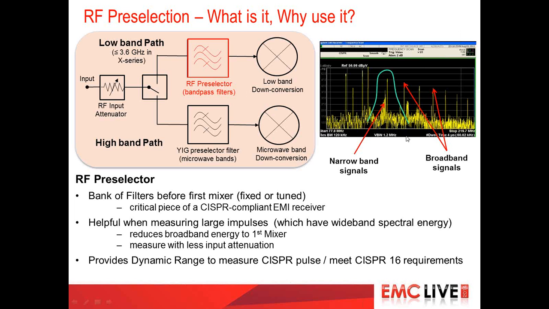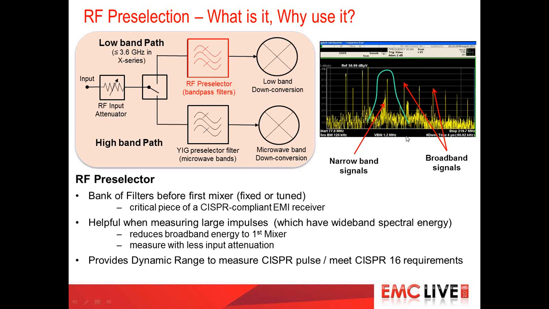After we've gone through the attenuator, the preselector filters, and the preamp, our signal is going to get down converted via the mixer to what we call the IF, or the intermediate frequency. At the IF, it goes into what we call digital IF, where we're digitizing the signal with an ADC, and then processing it with the digital signal processor.